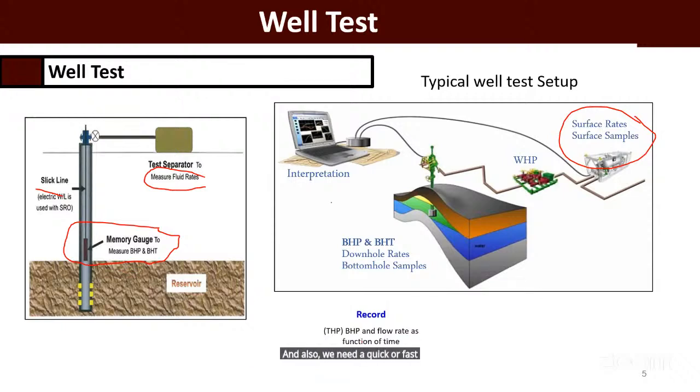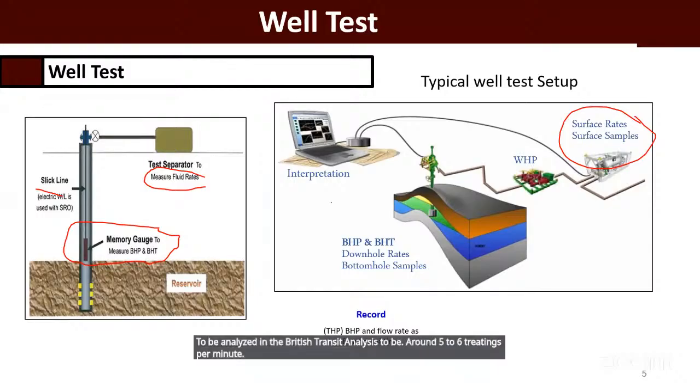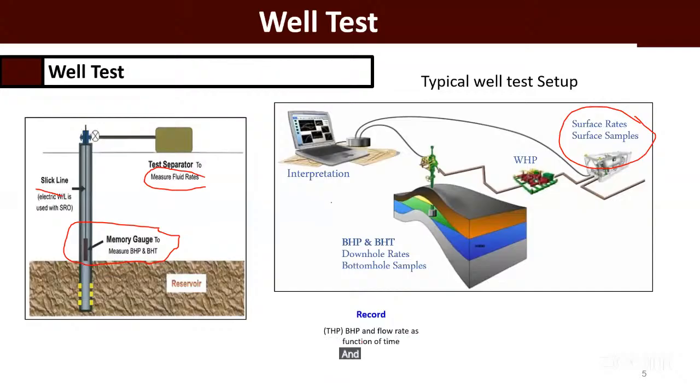The recommended number of readings per minute to be analyzed in the pressure transient analysis is around 5 to 6 readings per minute, and it could be increased. So we need at least 5 or 6 pressure points per minute.